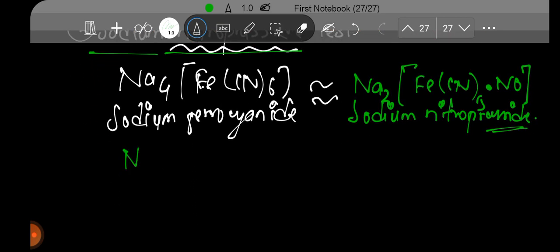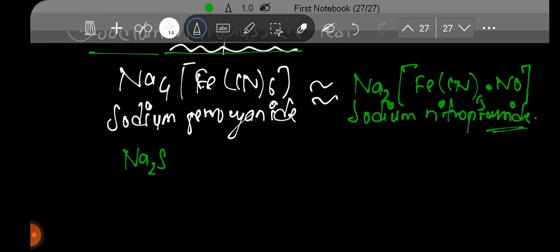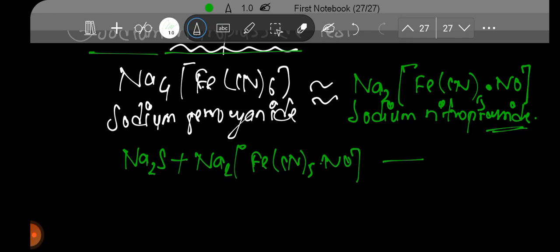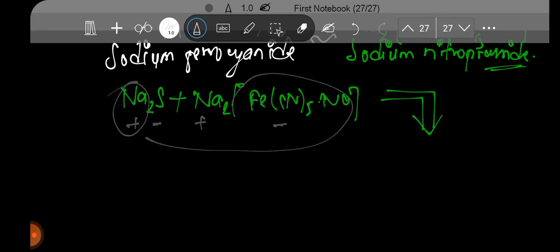We have Na2S in sodium extract plus Na2[Fe(CN)5NO]. This would be a simple displacement reaction; the plus component takes the minus component.